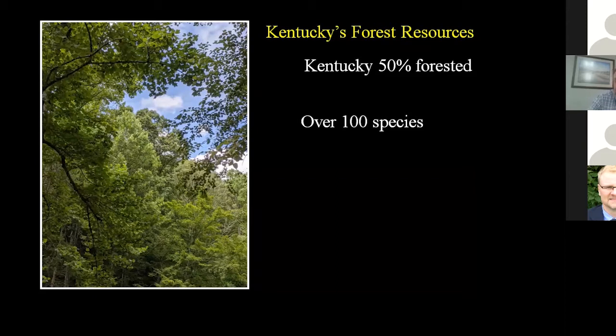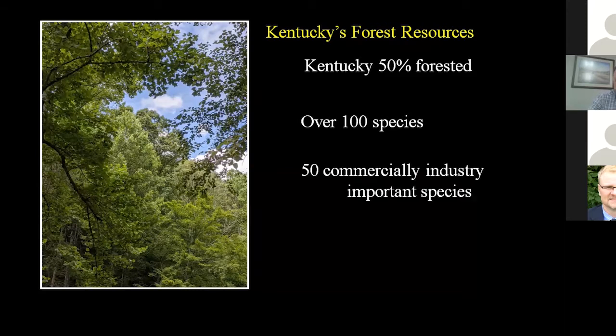They may not be a commercial tree, but they do tell us something about where the trees are growing. There are 50 commercially important trees to the industry here in the state of Kentucky. You know, your oaks, the hickories, yellow poplars, all those. That accounts for 50 different species of trees.